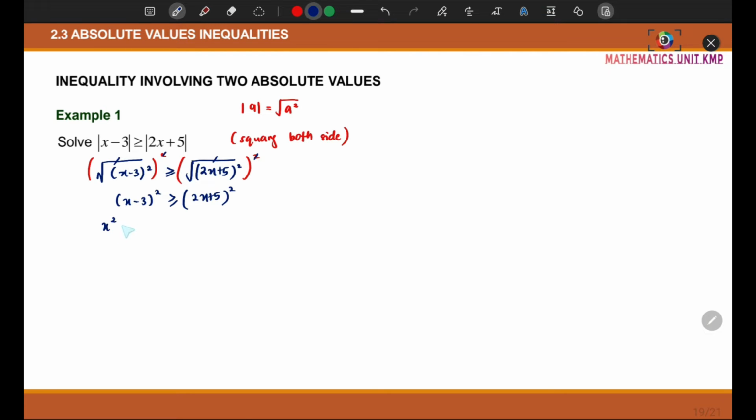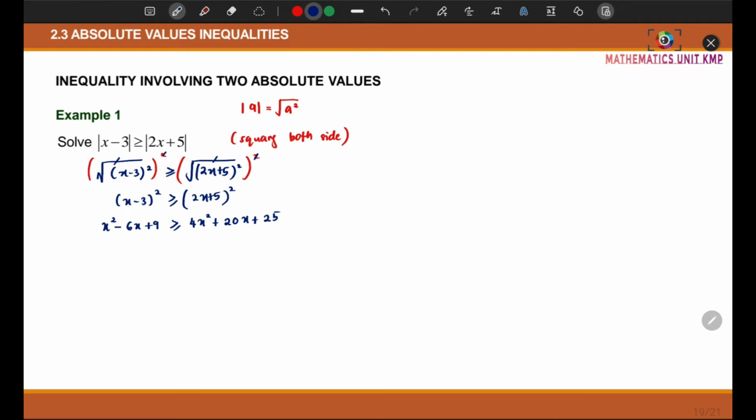We have x squared minus 2 times x times negative 3, so negative 6x, and then negative 3 squared is positive 9. Greater than or equal to, 2x squared is 4x squared, and then plus 2 times 2x times 5, so we have 20x, plus 5 squared is 25.